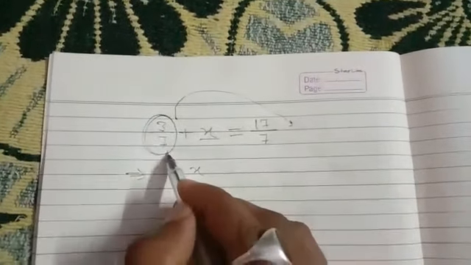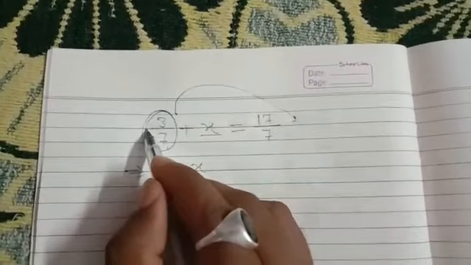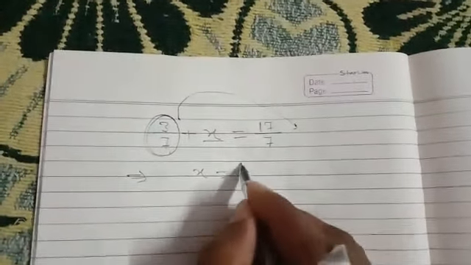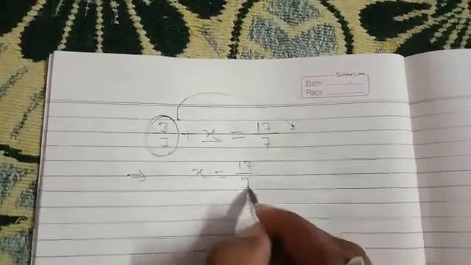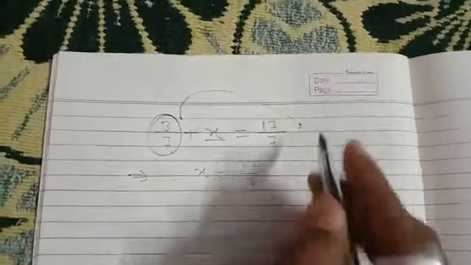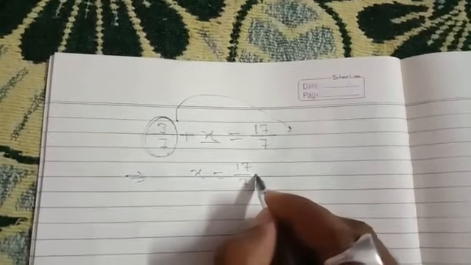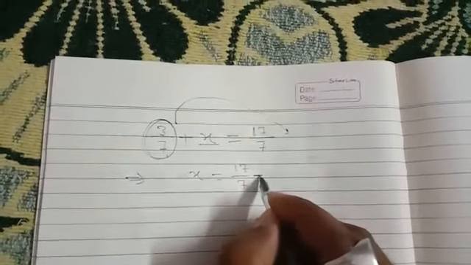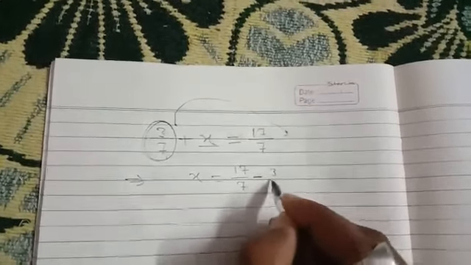Okay, 3/7 is by default positive. That's why 17/7 is here. 3/7 will come to the right hand side and be converted to a negative sign.